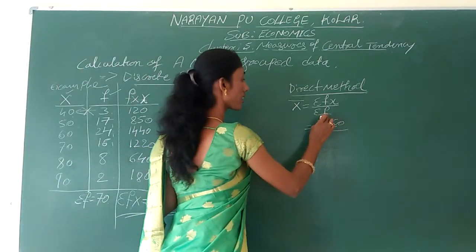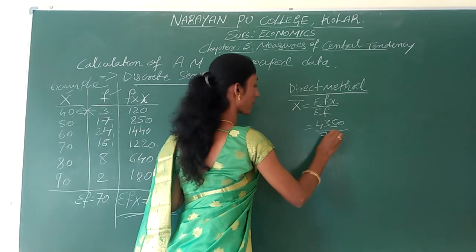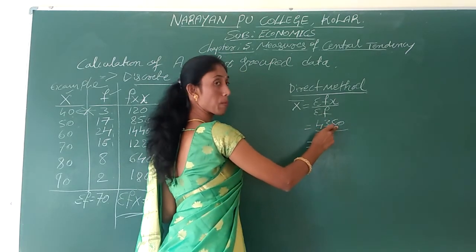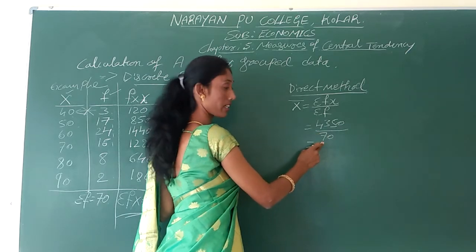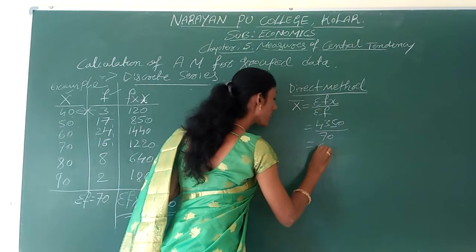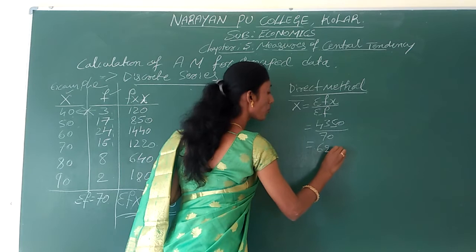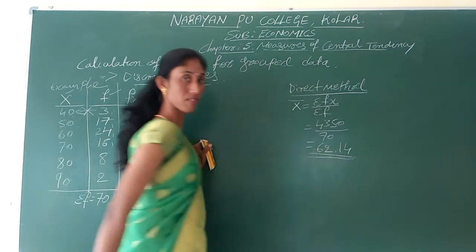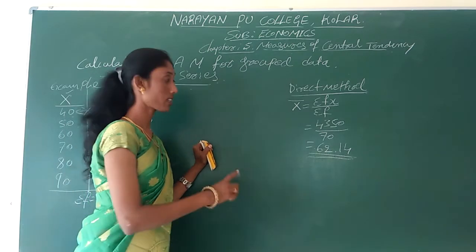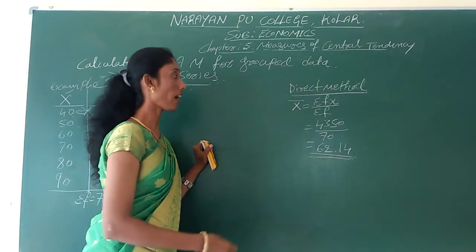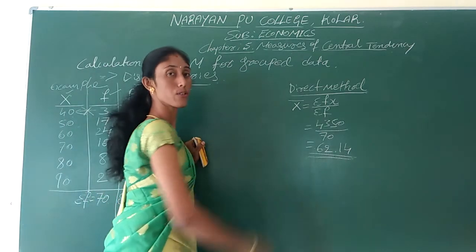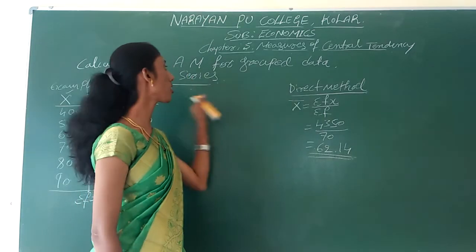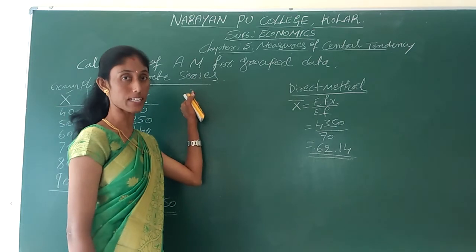Write 70 under sigma f. Now 4350 divided by 70, if you do, you will get 62.14 as the answer. This is how to calculate arithmetic mean under the direct method for discrete series data.